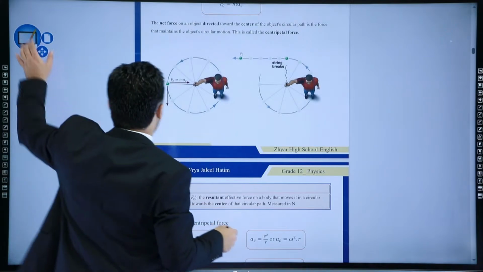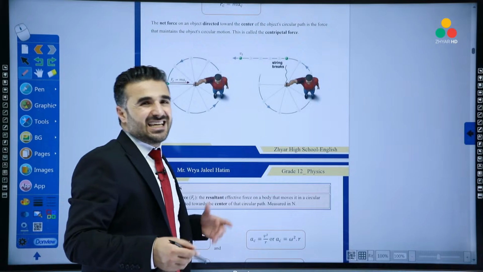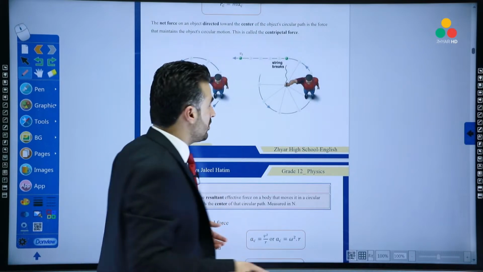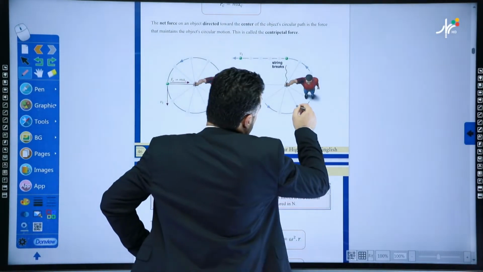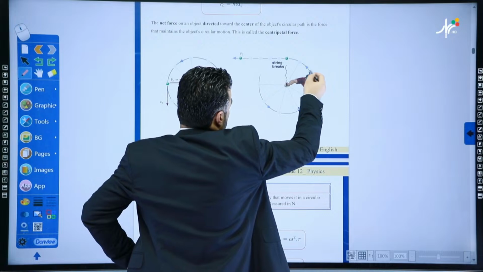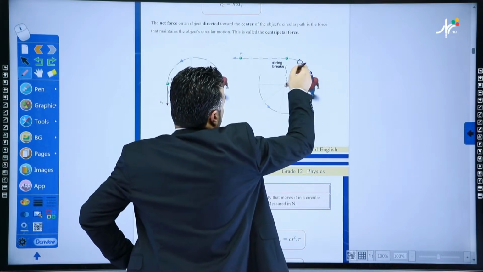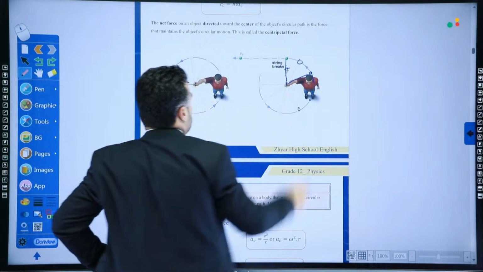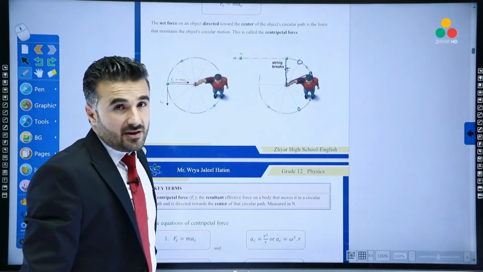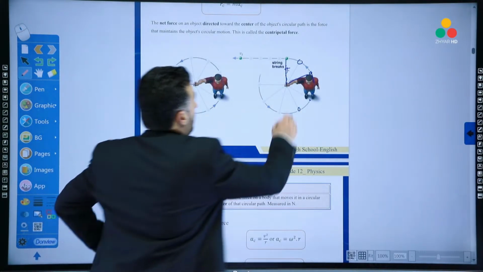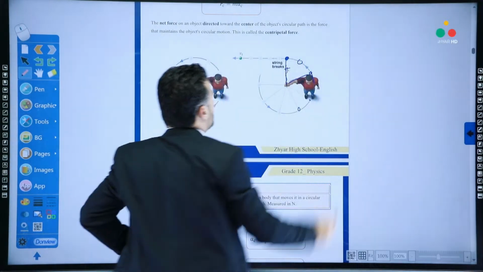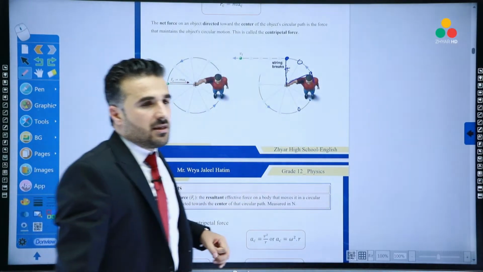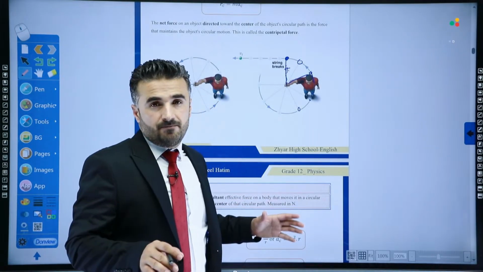But what will happen if this force is cut or vanishes, or doesn't exist anymore? Let's say here's the mass, at a point here and then at a point here. This force is provided by the tension inside the string. What happens when this tension vanishes?